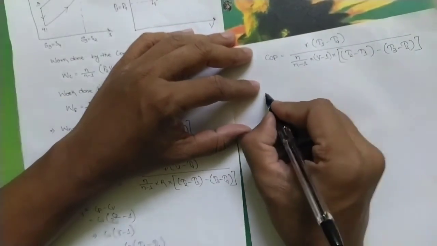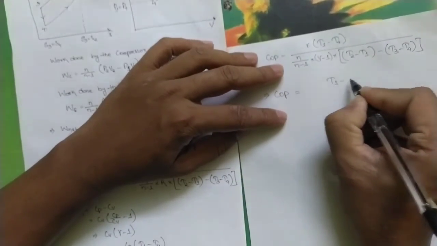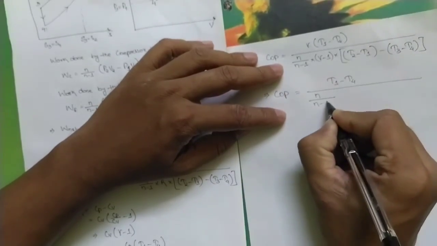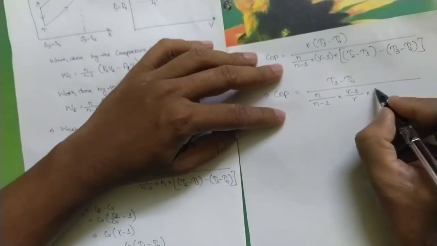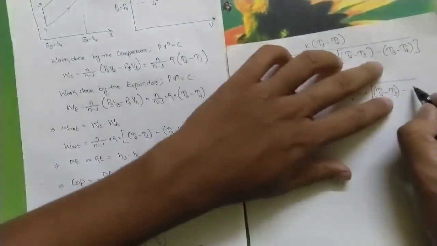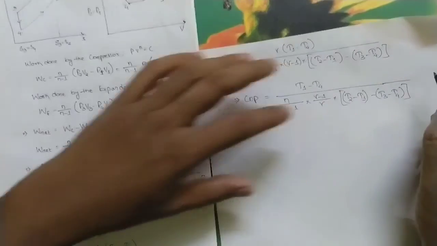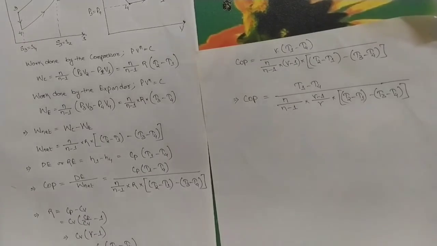So bringing gamma to the denominator, we get COP equals (T1 minus T4) divided by n by n minus 1 into (gamma minus 1) by gamma into [(T2 minus T1) minus (T3 minus T4)]. Now this formula is for compression and expansion when they follow the law PV^n equals constant, that is, a polytropic process.